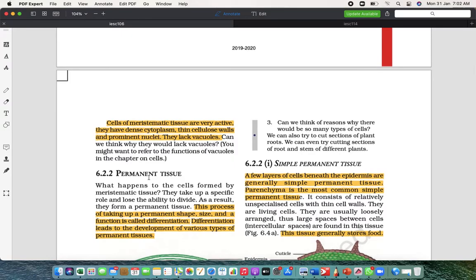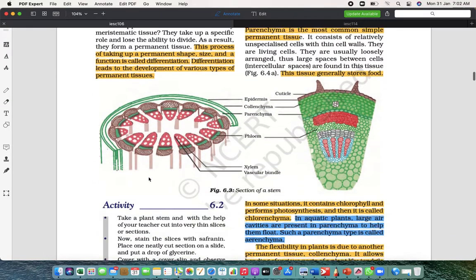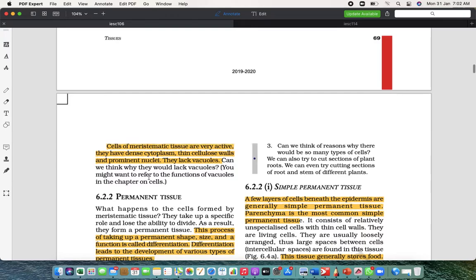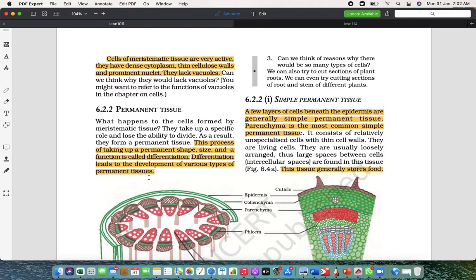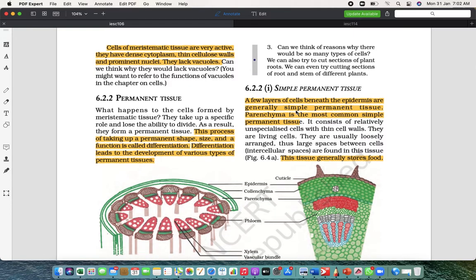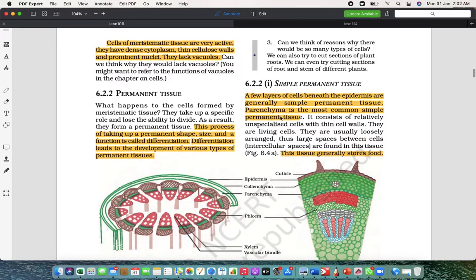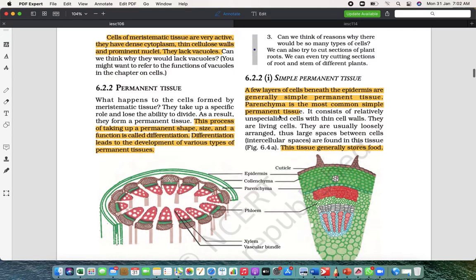Now we are going to talk about permanent tissue. Permanent tissue is again divided into simple permanent tissue and complex permanent tissue. Now, simple permanent tissue: first of all, the process of taking a permanent size, shape, and function is called differentiation. So differentiation is a process where they take on a size, shape, and function. The first simple permanent tissue is parenchyma, the most common permanent tissue.